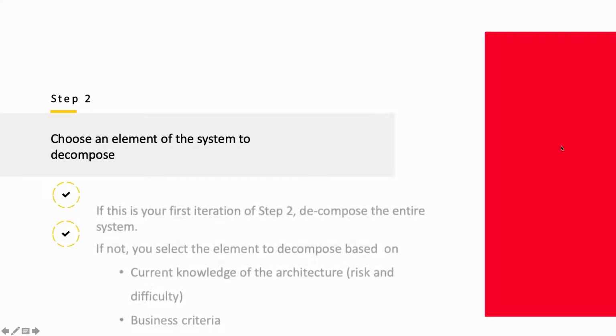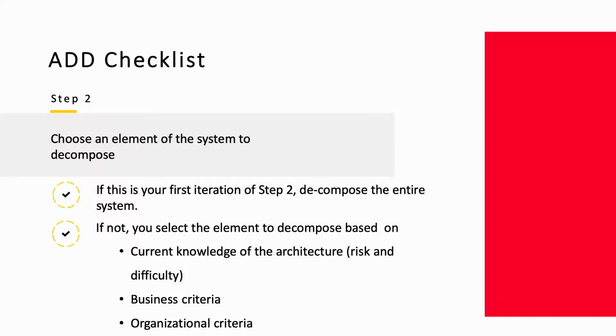And then in step two, if it's the first time, then you're decomposing the entire system. But once you go into iteration 2 or 3, you're going to start looking at each of the elements, and really looking at the main element and what interfaces you're going to need to create that need to communicate with the other elements or within the system itself.